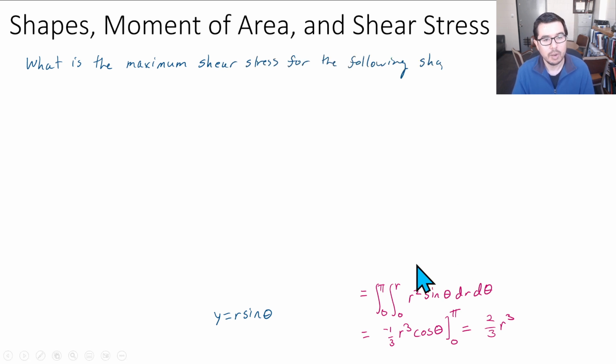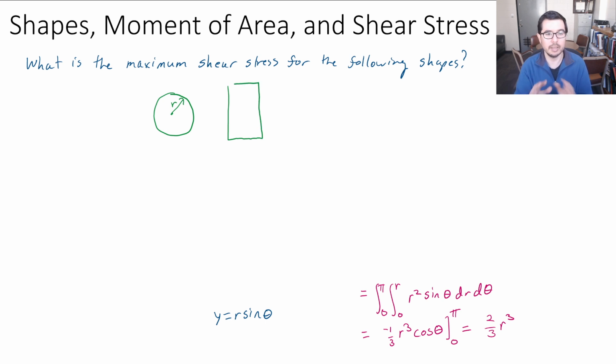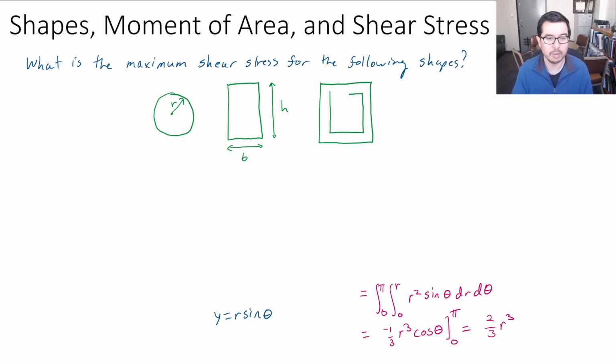There's quite a bit of algebra that I'll try to go through pretty quickly here, to not take too much of your time, but all this algebra is available on the instructional slides, and you can go through it at your leisure, as they say. The three cross sections of interest here are a circular cross section, a rectangular one, and a hollow one. We actually already did this one. So rectangle, done. We know it's 3/2 times tau average.